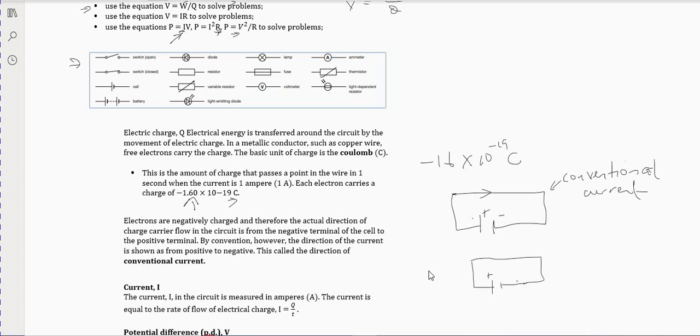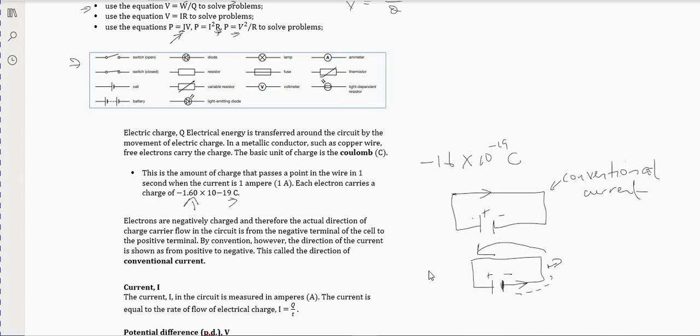And because they're negative, we'd expect that they would move from the negative terminal to the positive. So this is the actual thing that happens whenever a circuit is designed. The negative charge flows around the circuit from the negative terminal of the cell to the positive side.